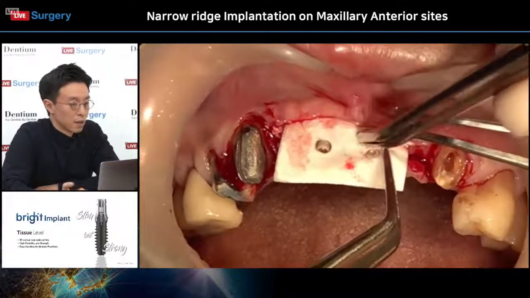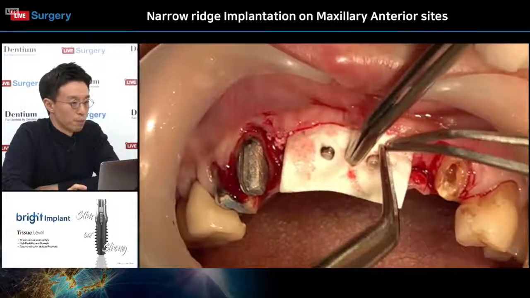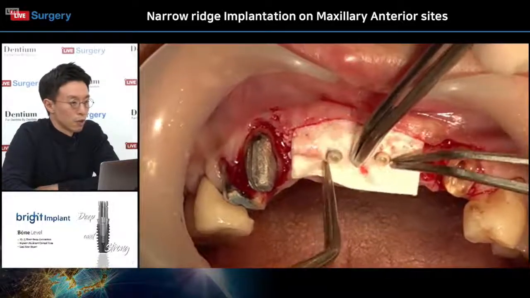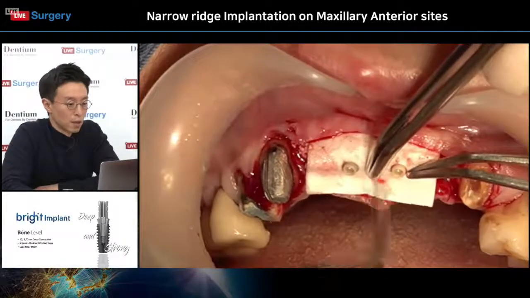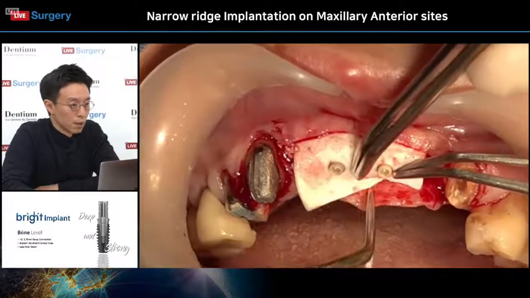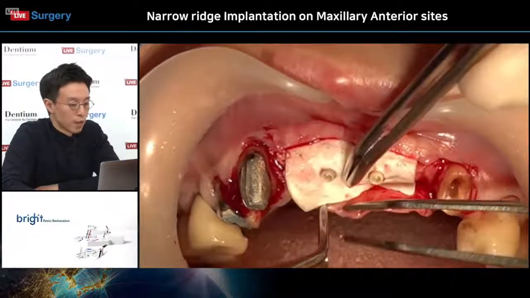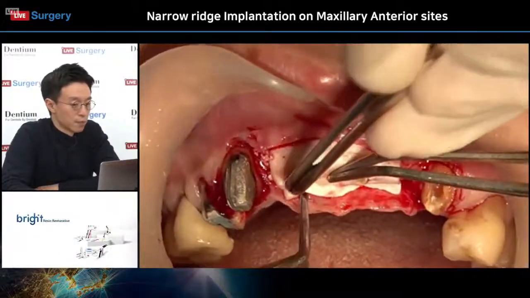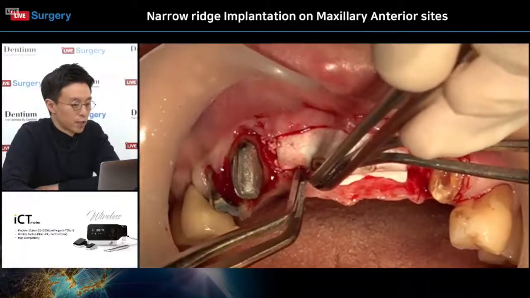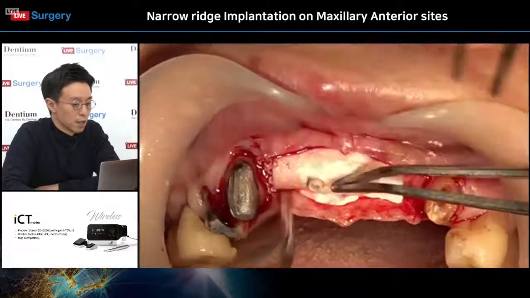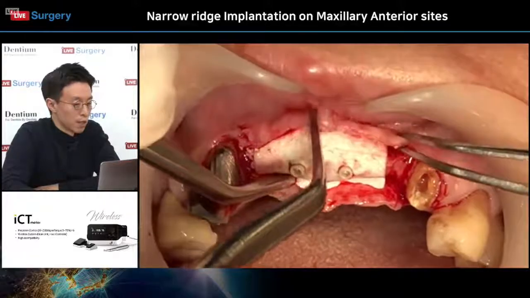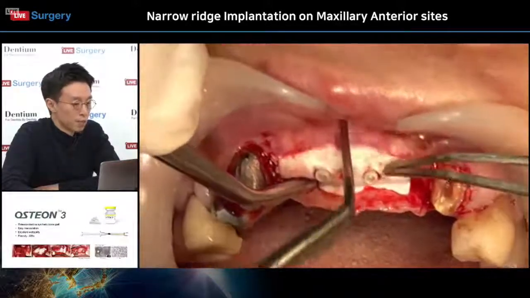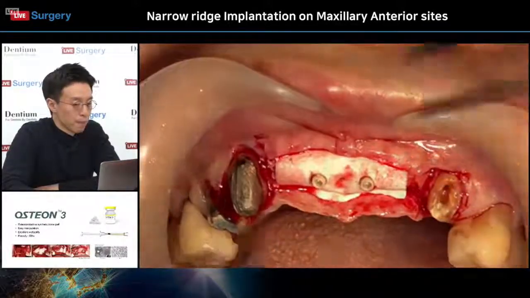There are various methods to apply a collagen membrane or collagraft on the grafted bone. Simply, we can put it on the grafted bone without fixation. However, fixation is recommended with either a GBR pin or sutures.